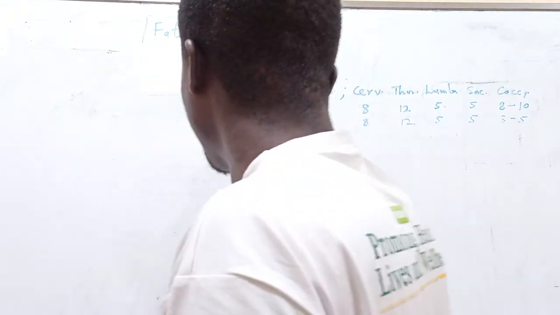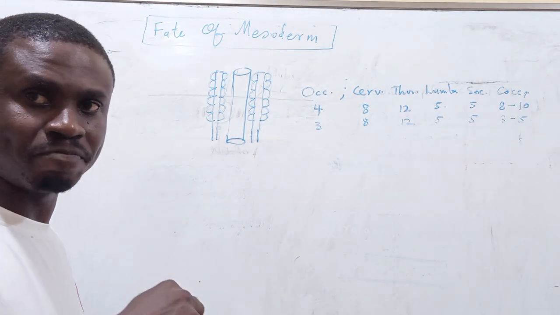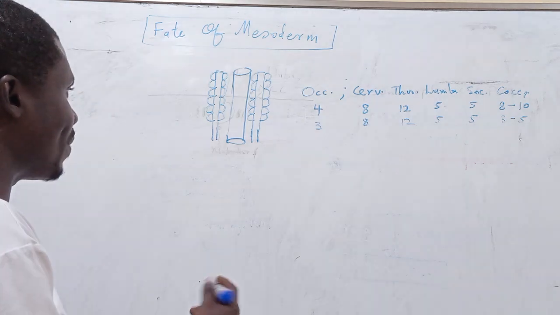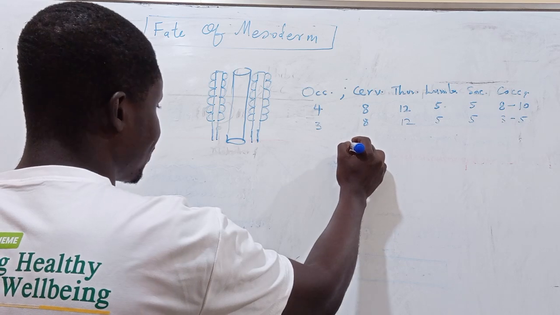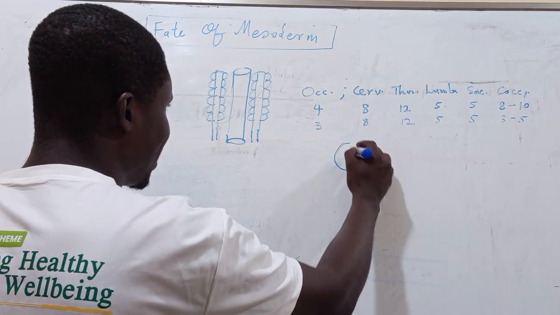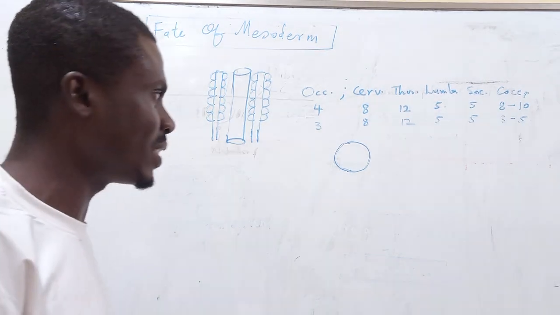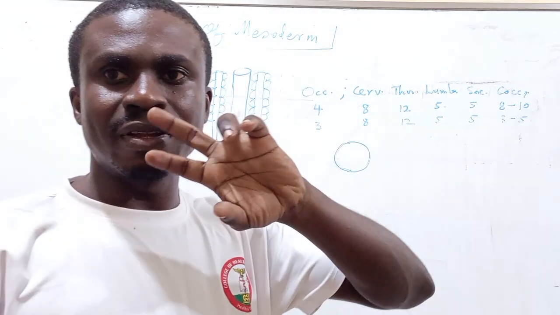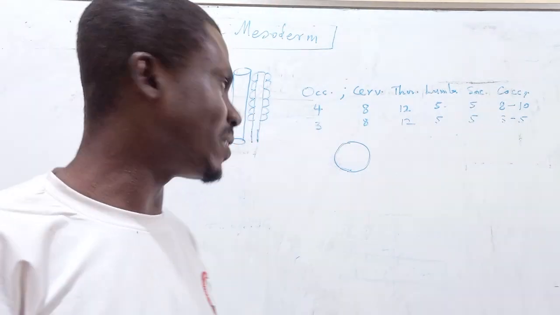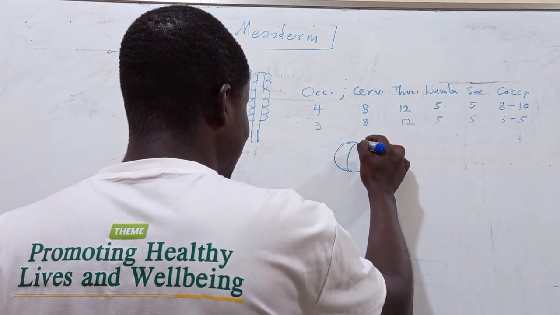Assuming I take just one ball-like entity like this as a somite, we will see that there are 2 areas.